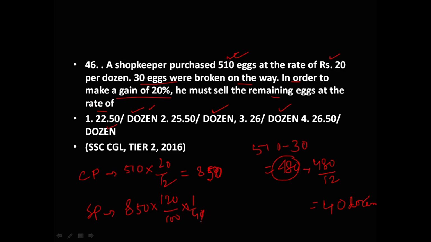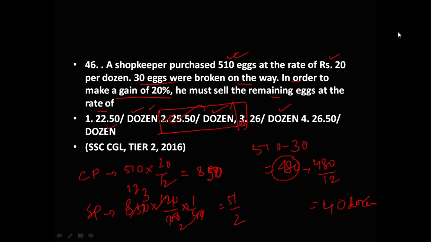So how much is it? It's 51 upon 2, which means 25.50 will be the answer. Option 2 will be the correct option, not 3. Okay, 25.50 per dozen. Clear?